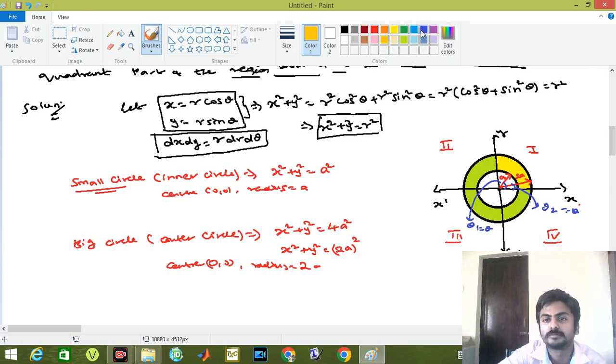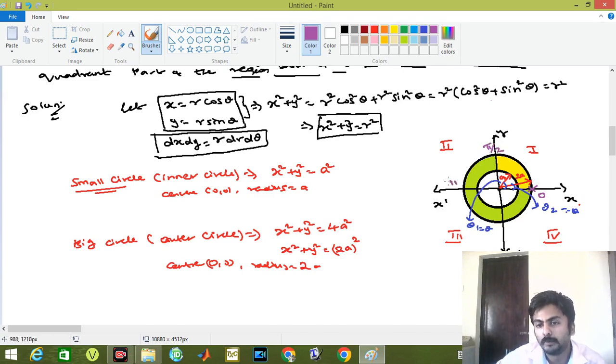I am choosing some different color. Theta is traveling from this angle, which is very flat. Here theta equals 0, then here theta equals pi by 2, that is 90 degrees.